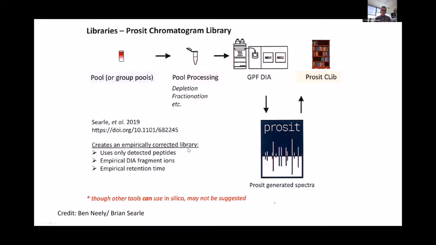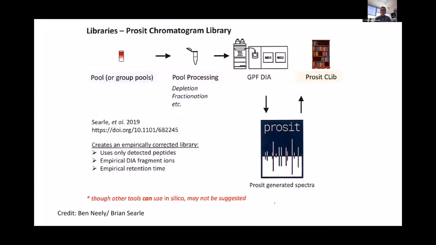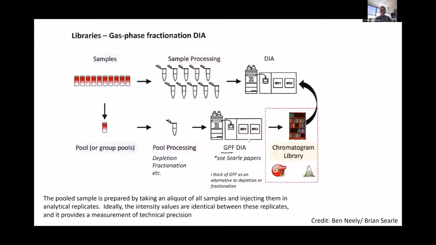The empirically corrected library accounts for using only the detected peptides for that set of samples, and you get correction for fragment ions and retention time. And then again, I just put some notes in here for your use later. Are there any questions about this part before I move on to normalization?